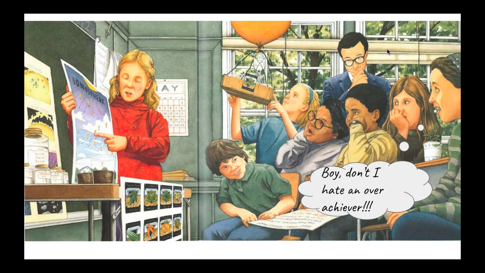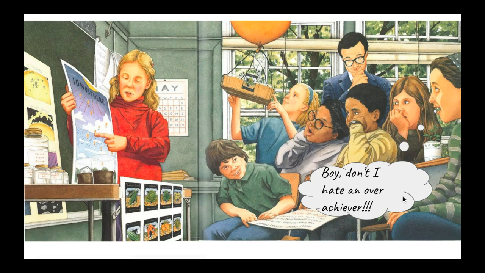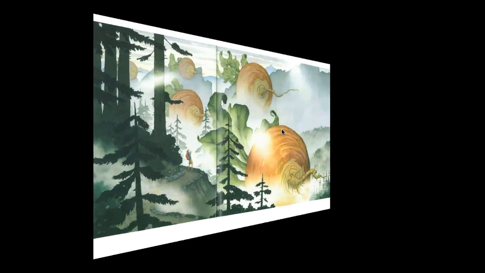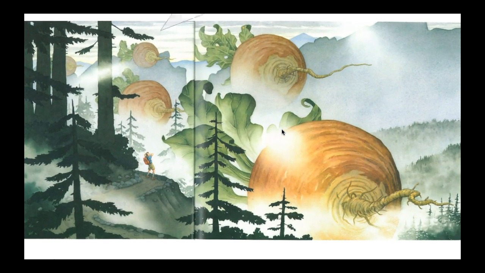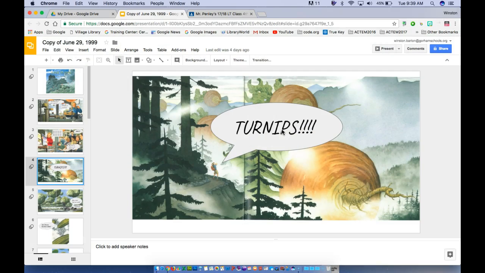There's no transition here where the girl is thinking, "Boy, don't I hate an overachiever," but there should be a transition when I click return and the girl goes blah, blah, blah. Then there's one for the teacher, transition between slides, transition in slides. So I'm going to hit the escape key and go back.